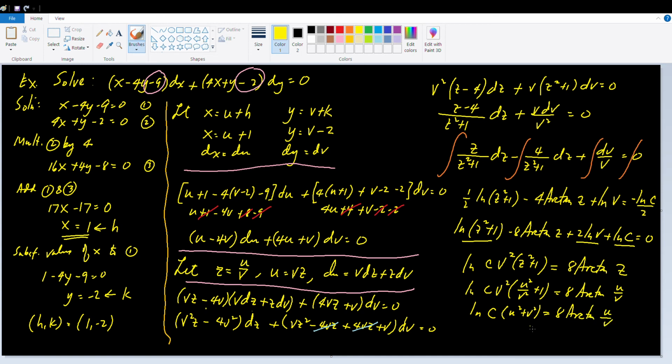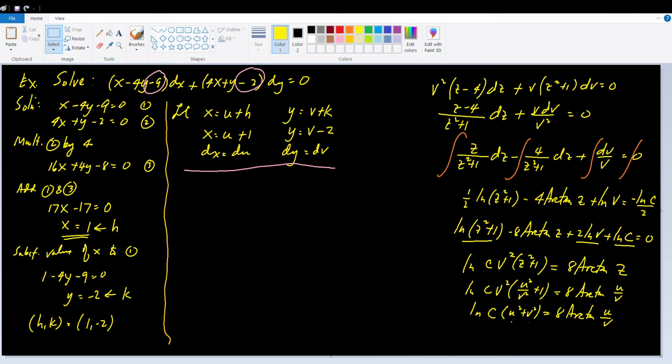That is not yet the final answer because we have to express u and v in terms of x and y. Alright? So I want some space here. So ln of c, my u is, here is my u, or this one.